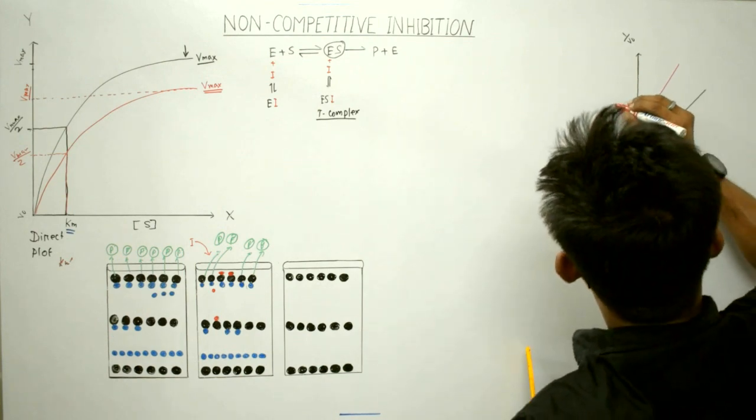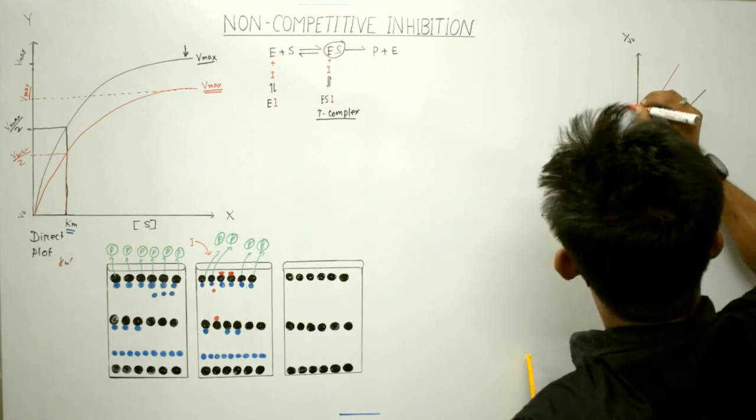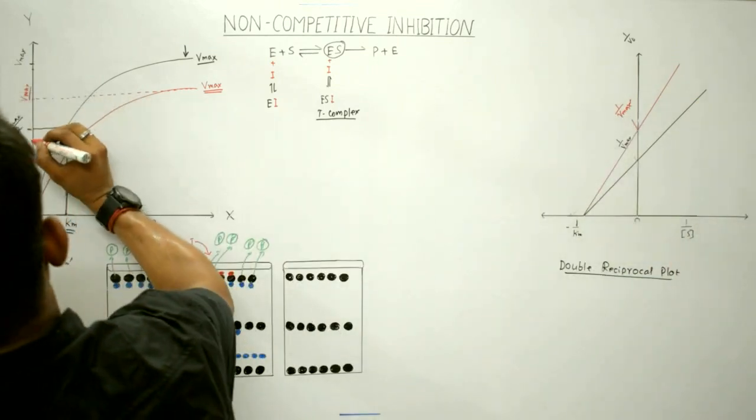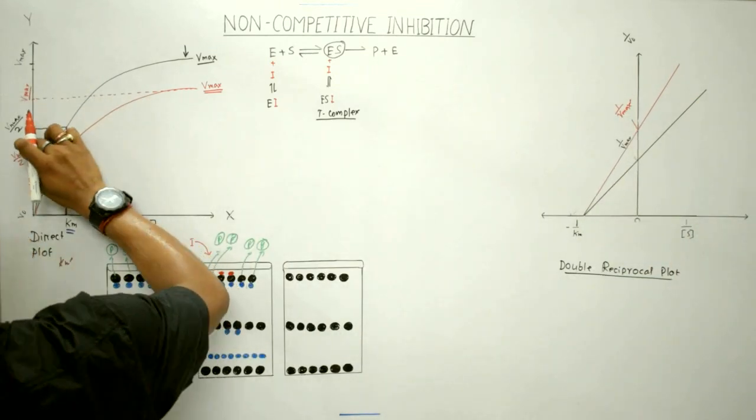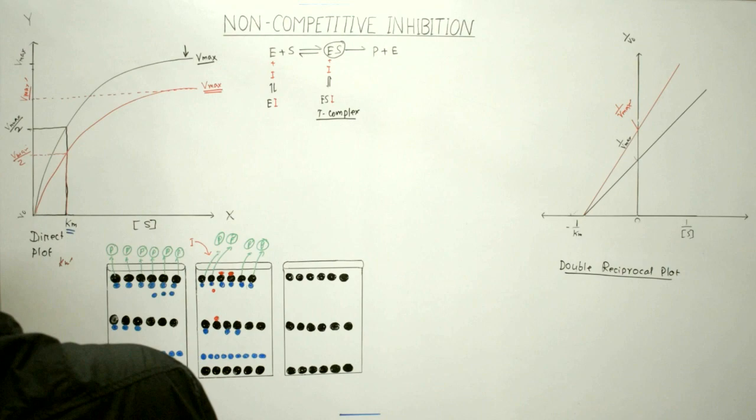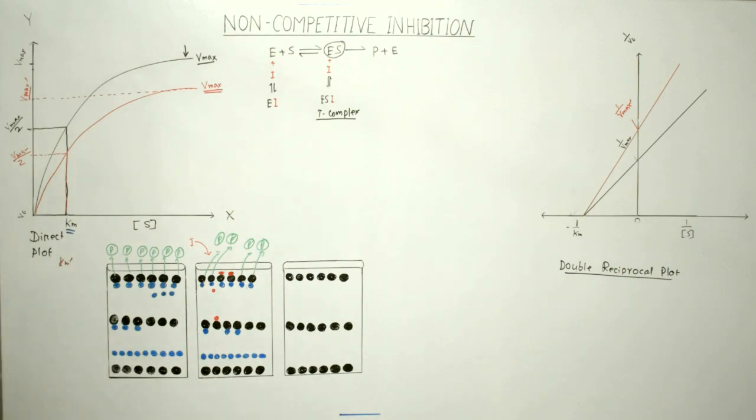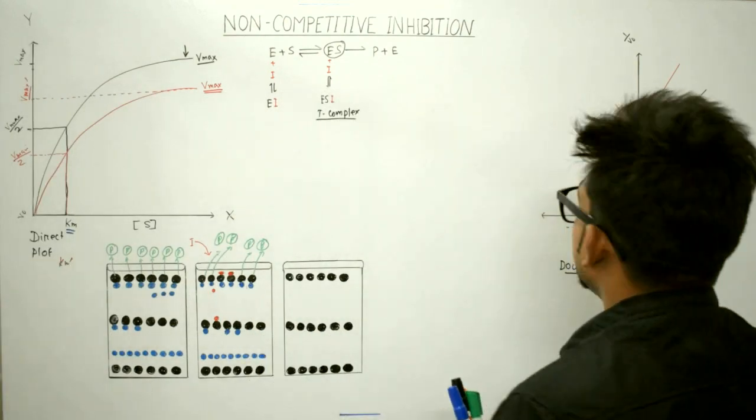Now this one will be the 1 by Vmax prime. This is the 1 by Vmax prime. Okay, and here the Km will not change.